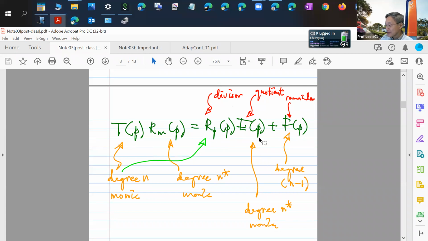The quotient will be of degree n star, and the remainder will be of degree n minus 1, not necessarily monic. It's an important identity, and whoever first observed it should be given credit.